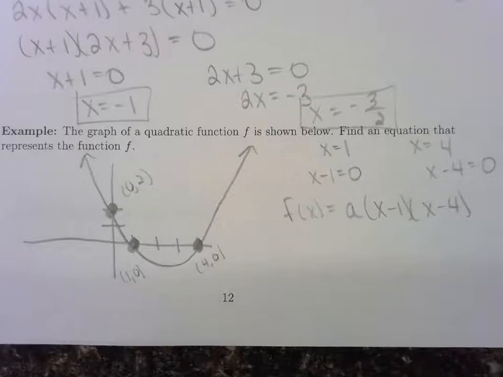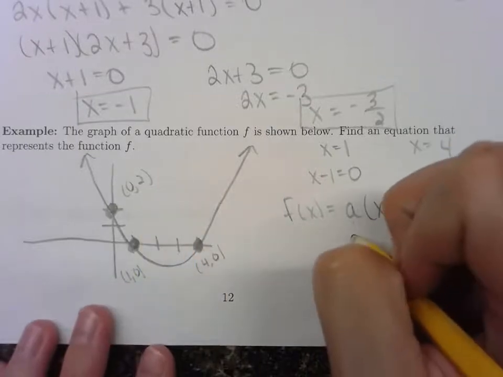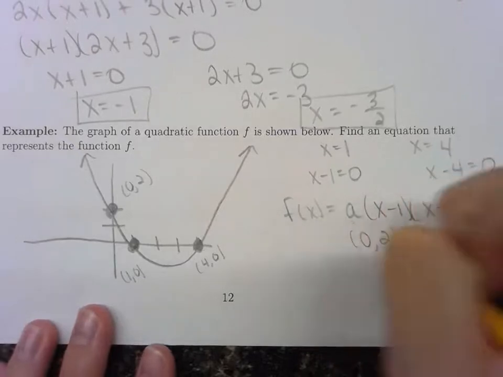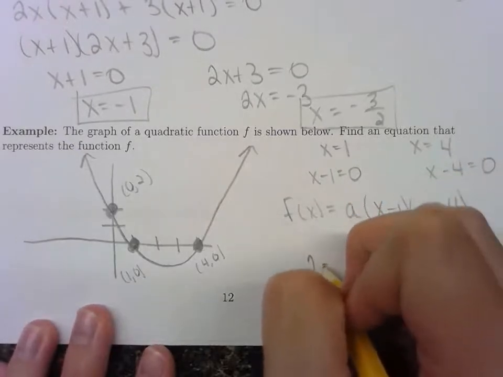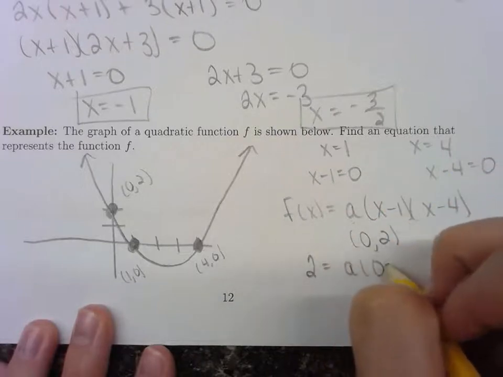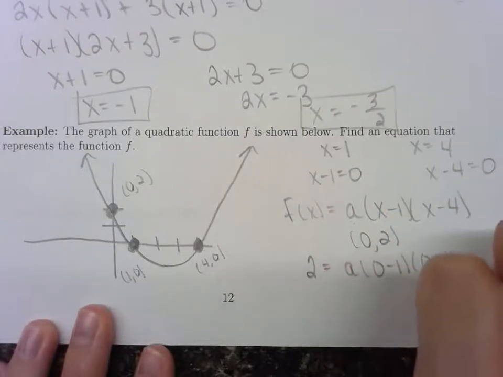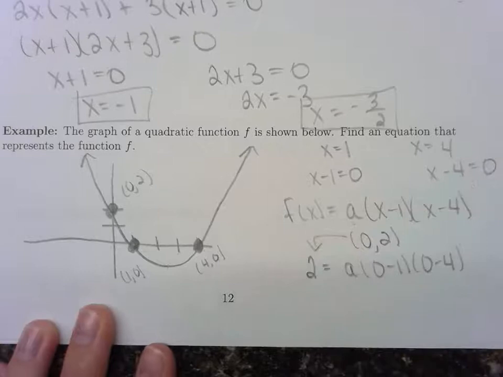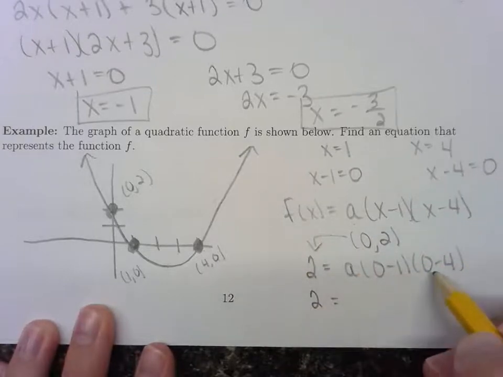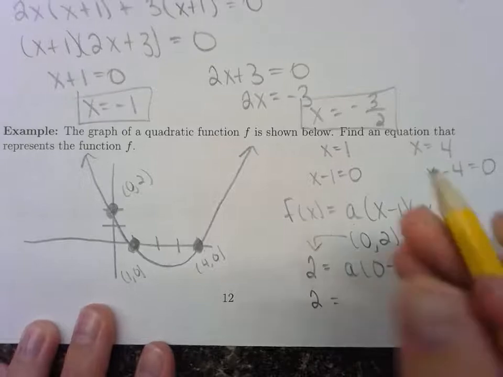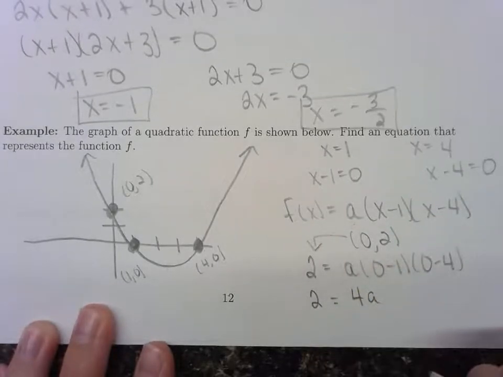So now all we need to do is solve for this a, and we're going to do that with our other point. So I'm just going to put the point (0, 2) that we have. That means when you input 0, the output is 2. So output 2 equals a times 0 minus 1 times 0 minus 4. So that's here. Then we have 2 equals a times, that's minus 1 times minus 4, so positive 4.